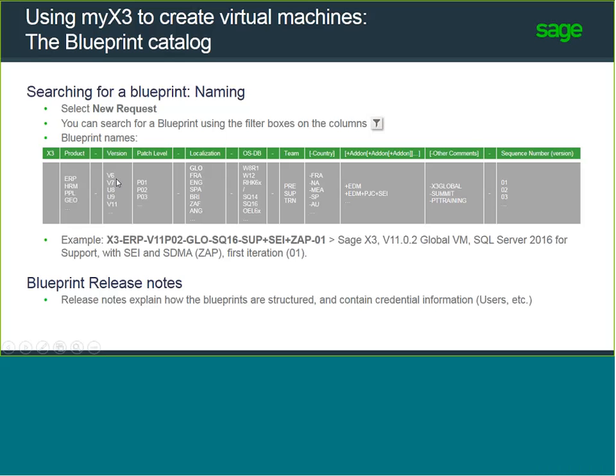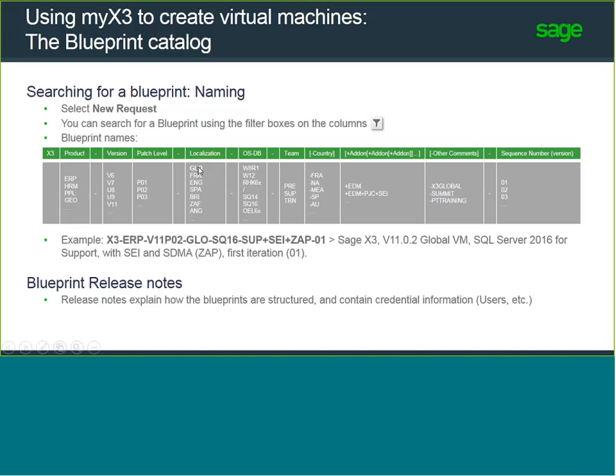Then you have a dash and a version. Versions are V6, V7, and then U8, U9, and then back to V from 11 and on. And then the patch level with a P to identify the patch, P01, P02, P03, and so on.